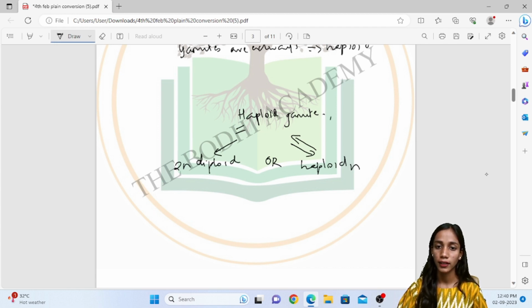Both are n, correct? Both have equal number of chromosomes. So, if a haploid organism has to produce a haploid gamete, should it undergo mitosis or meiosis? It should undergo the equational division, which is mitosis.